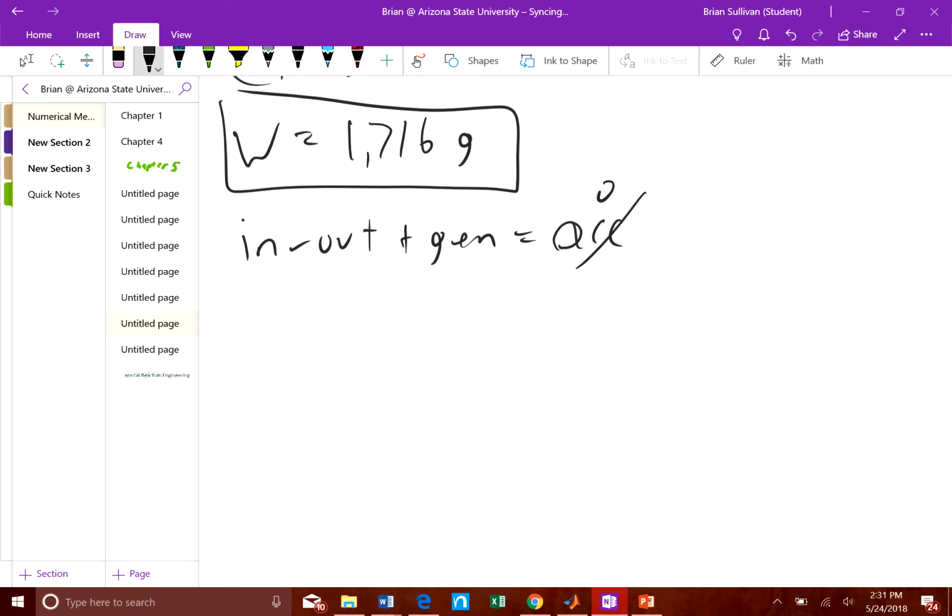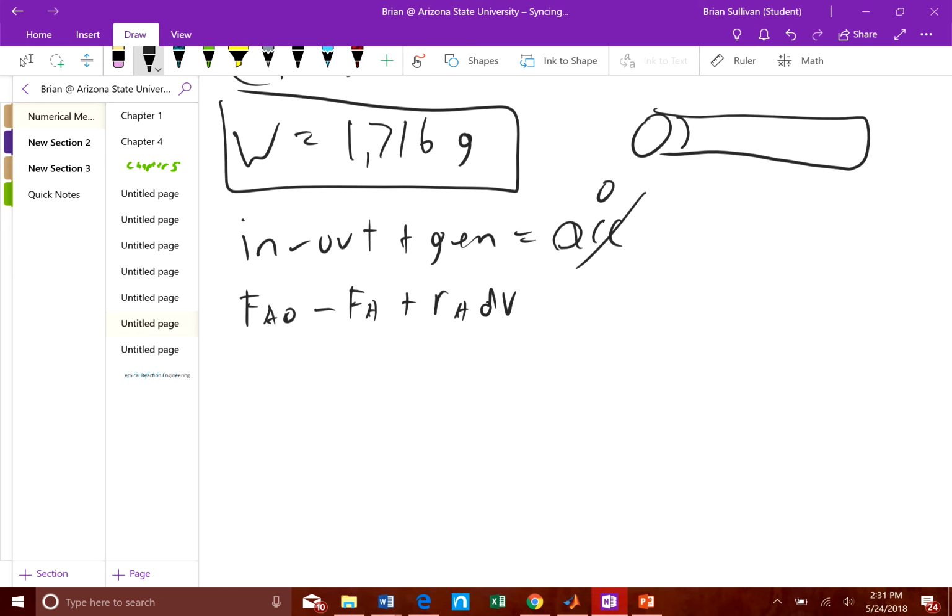Okay, steady state conditions. I said that in the previous video. It makes that 0. Our FA in is FA naught, FA out is FA, plus RA dV. As a quick reminder, we're doing plug flow analysis, even if it's a packed bed. It's the same type of analysis, and we're going a differential weight down the reactor, meaning that if you pull this little differential size plug out, it has an infinitesimally small weight.